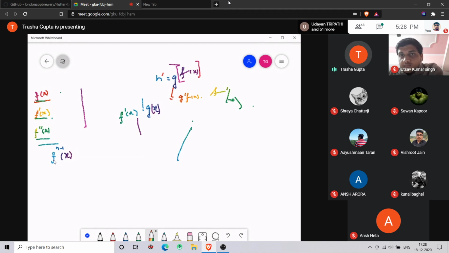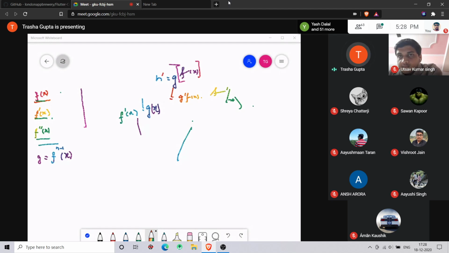So this function g is basically the n minus 1th derivative of function f with respect to x. Is it clear? Okay. So the second derivative of f(x) is defined as f double dash of x.